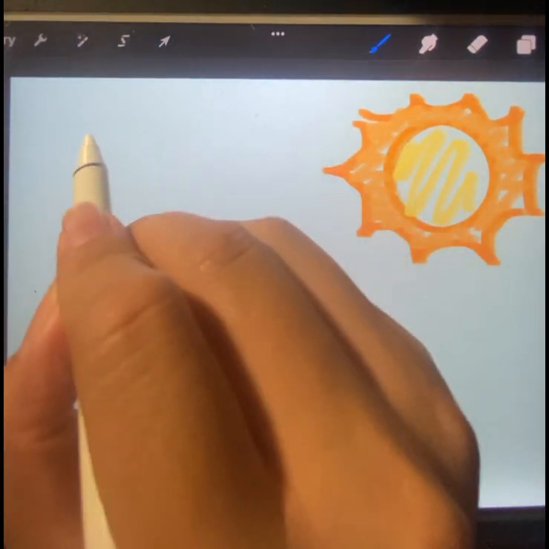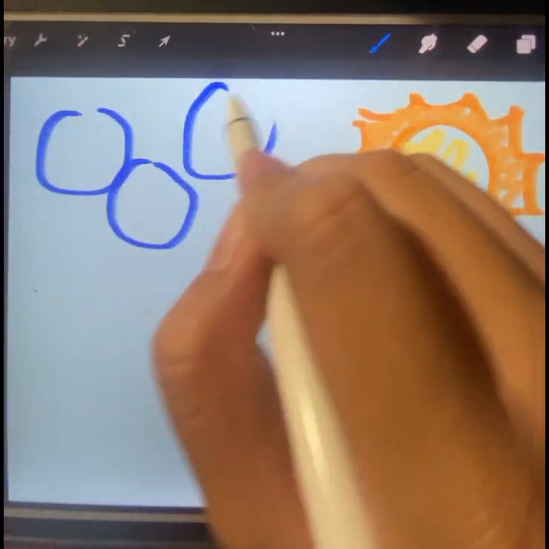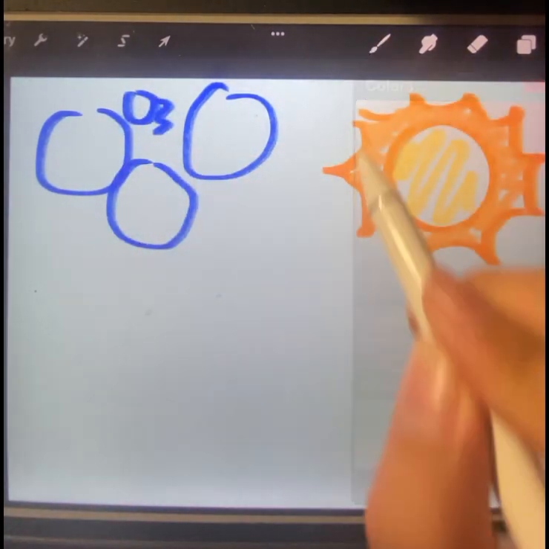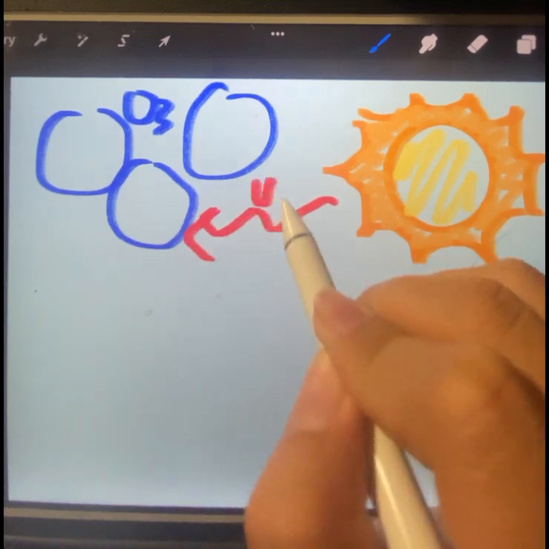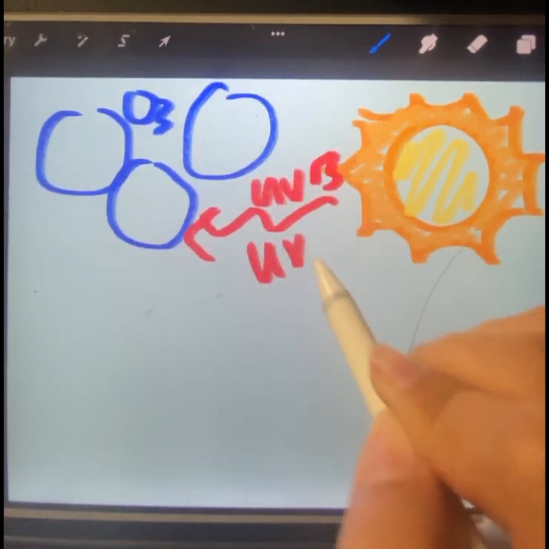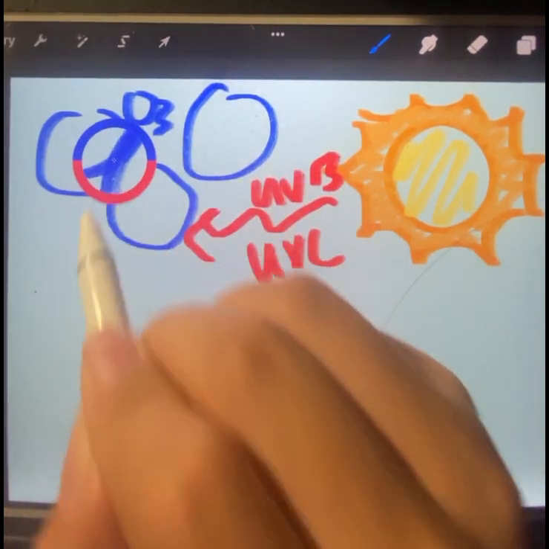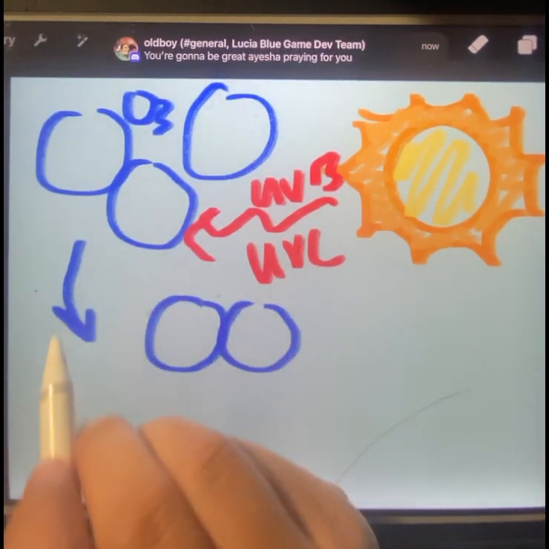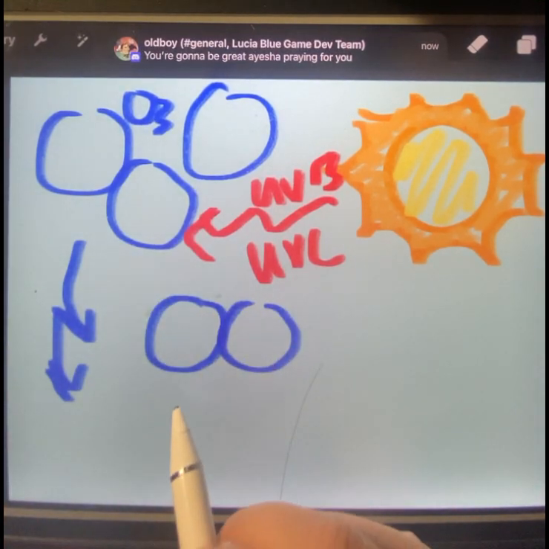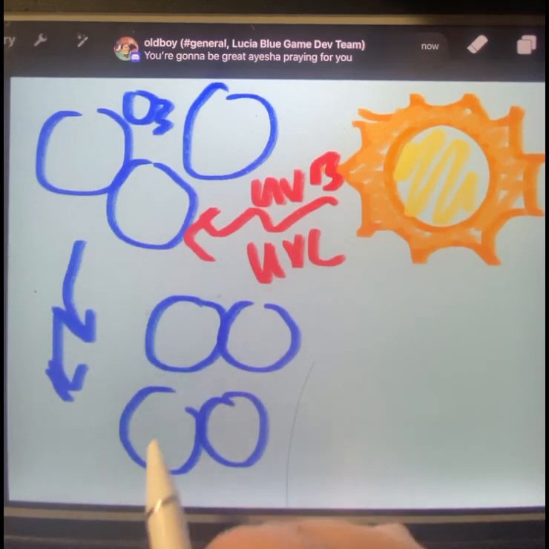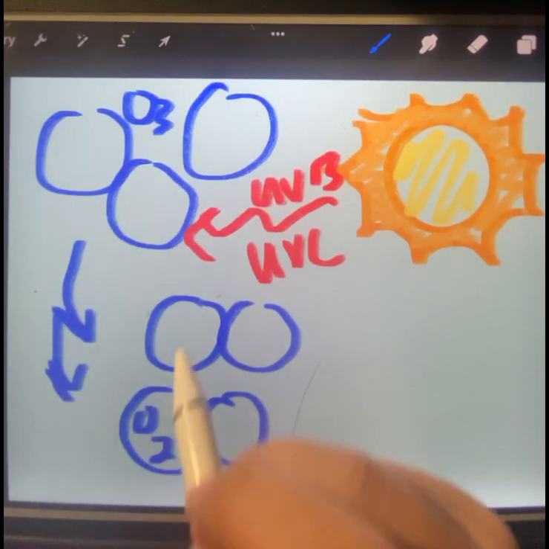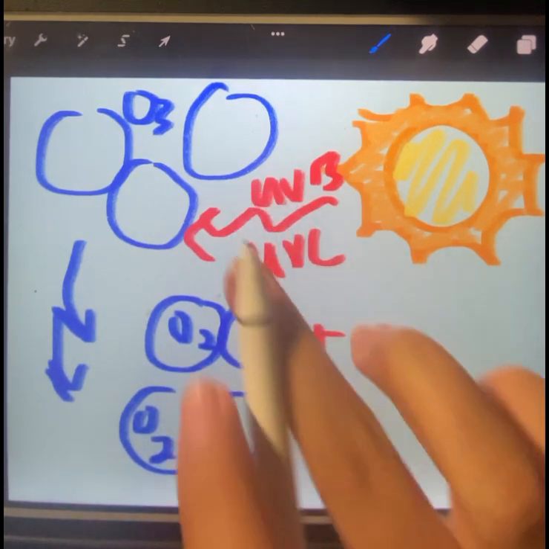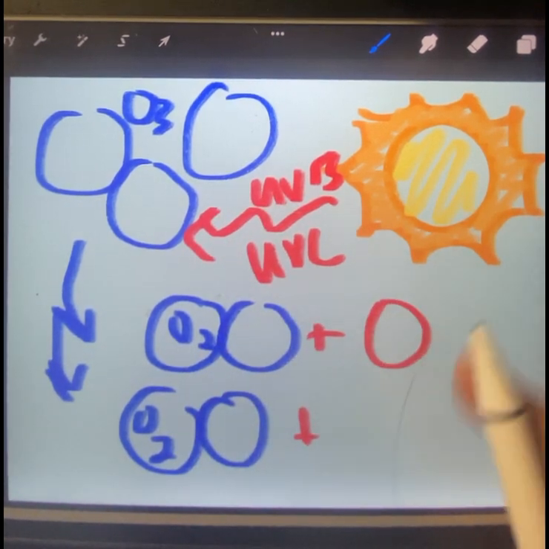But this time we start with that same ozone we made, O3, and when it is hit by the same UV rays, UVB and UVC, it breaks down into two O2 molecules and one oxygen molecule.